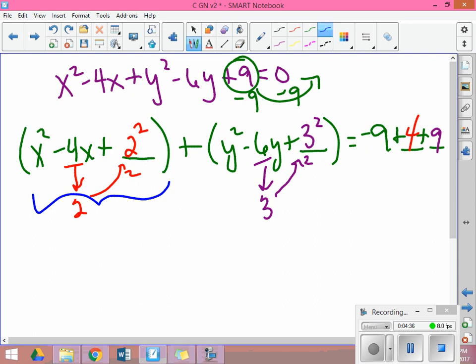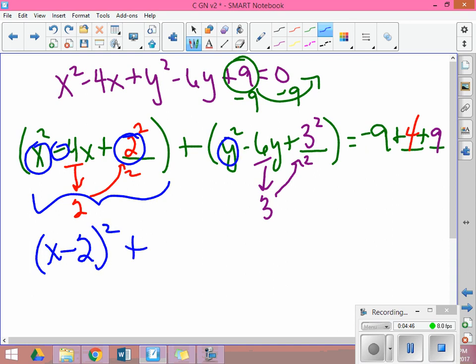Because I made it so, this factors into the base, the sign, the base, the quantity squared, plus the base, the sign, the base, the quantity squared, equals negative 9 plus 9 is 0 plus 4. It equals 4.